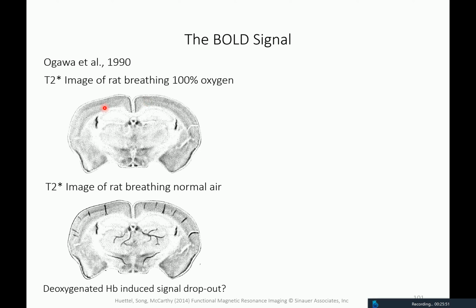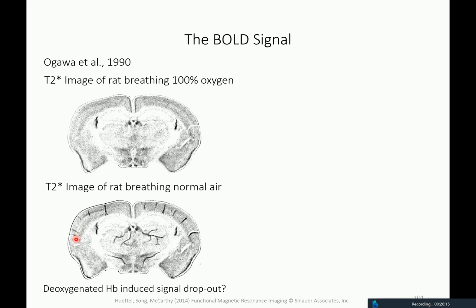This shows the brain of the rat imaged by MRI when it's breathing 100% oxygen, so it has full saturation of its blood. And here you see if it's breathing normal air. And what you should see here is that there are more of these black things. So here you have a little bit black stuff, but here you have definitely more black stuff.